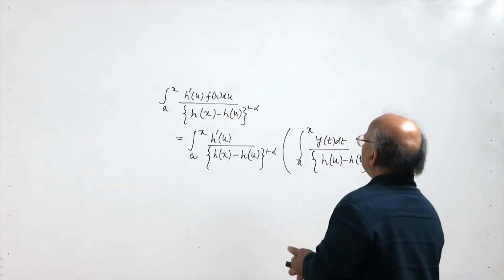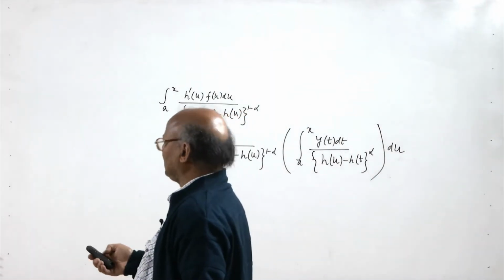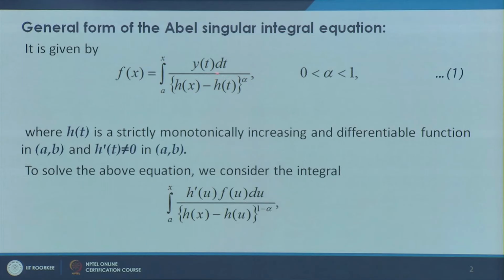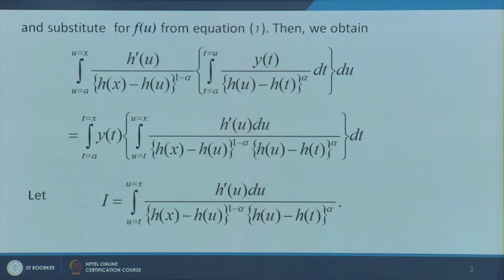So let us substitute the value of f(u) from the given integral equation in this integral a to x h prime(u) f(u) du by (h(x) minus h(u)) to the power 1 minus alpha. Then we get this integral.